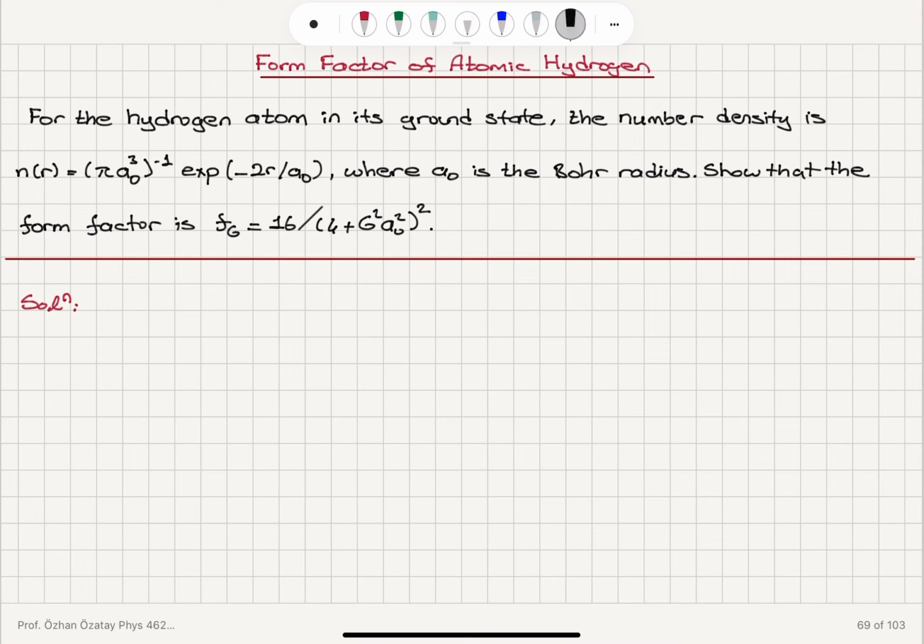Okay, so recall that the atomic form factor is an indication of the distribution of electrons.